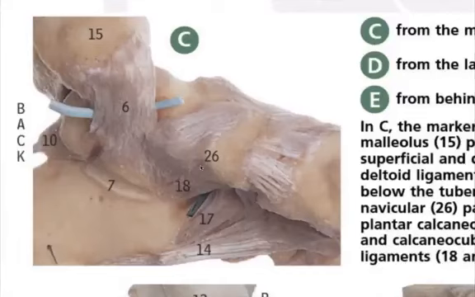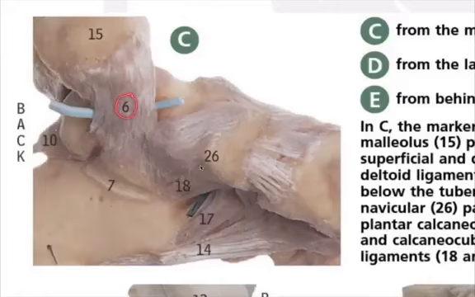Is it clear about the deltoid ligament and its attachments? Yes. Is number 26 the navicular bone or something? Navicular bone. Number 26 is the tuberosity of the navicular. Number 15 is the medial malleolus.